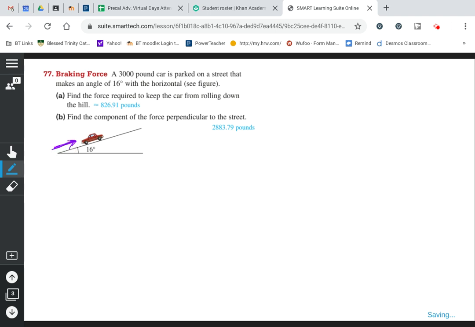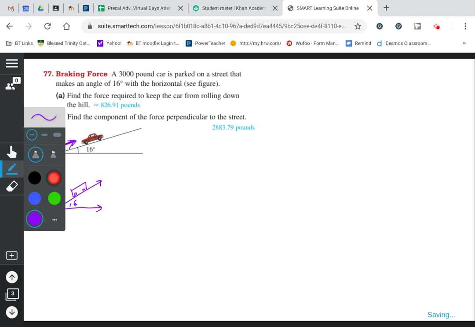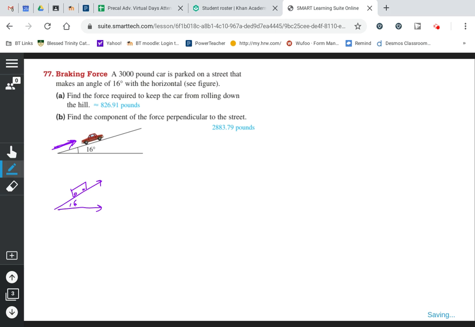What I'm going to do is redraw this. Get my two horizontals, and we know this angle is 16, and then I'm going to draw my car. It's a really bad car, but we'll go with that. Say this car weighs 3,000 pounds.